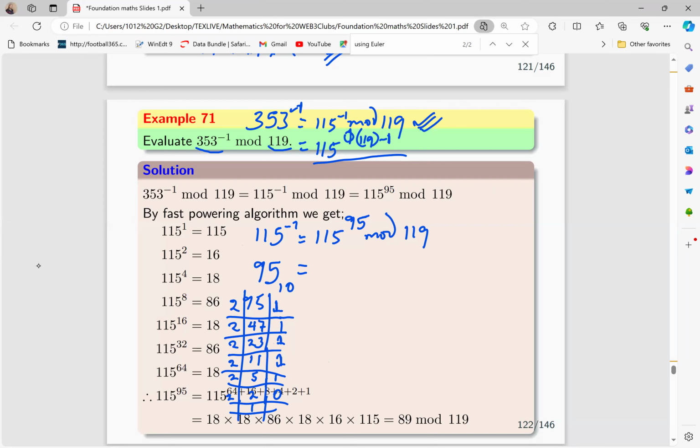And 2 into 1, we do it until we get 0. The remainder is 1. So we note from the bottom, this is 1011111. How many ones? 6 ones.